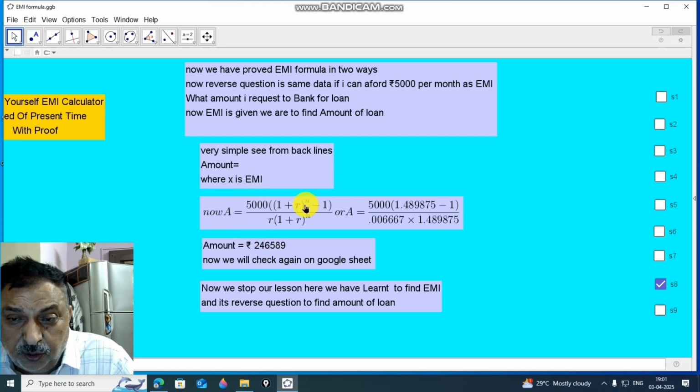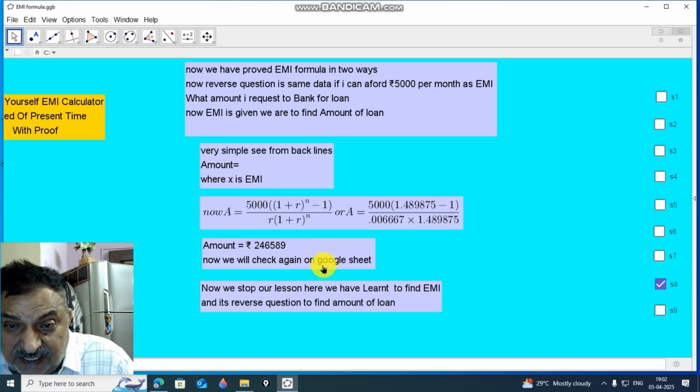Now A is equal to this, the formula we have used. Amount is 5,000 into 1 plus R power n minus 1 over R into this. We have just calculated these values, and it is calculated as this. Now we will check again on Google Sheet.